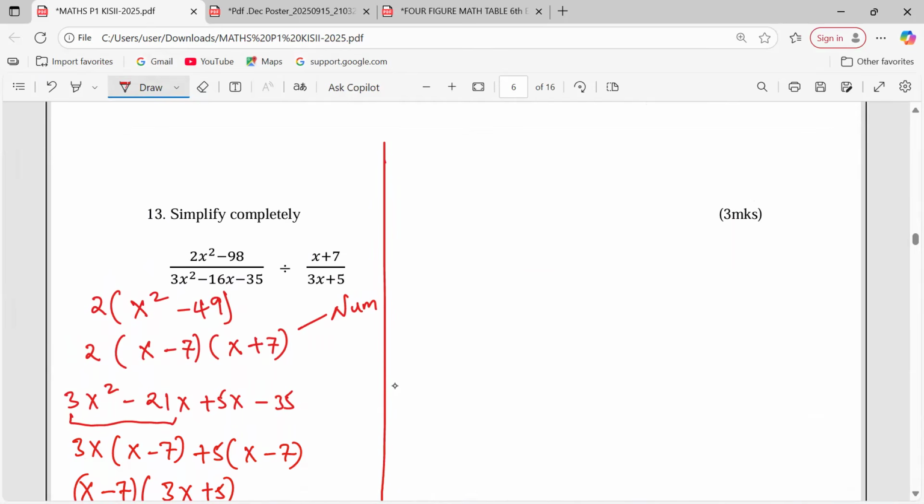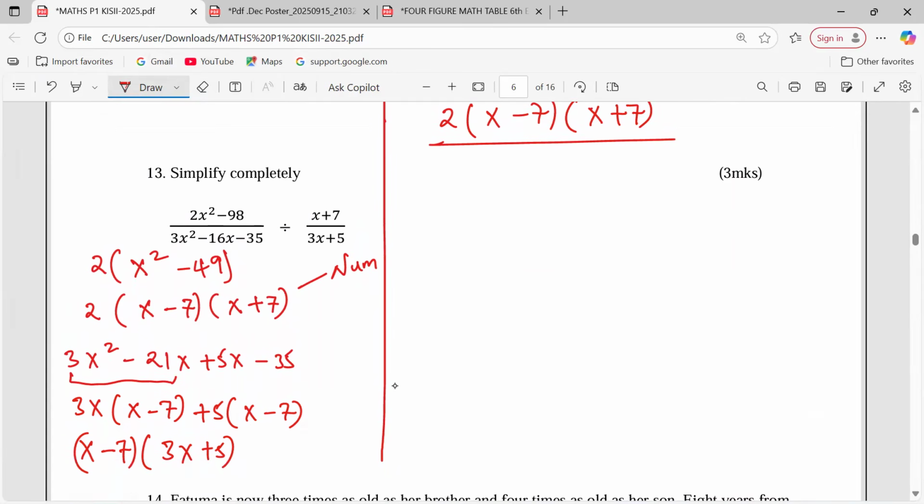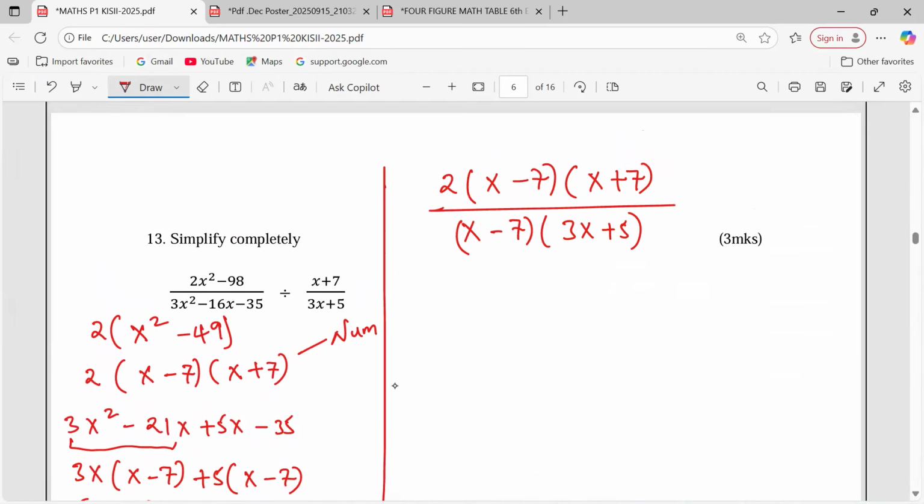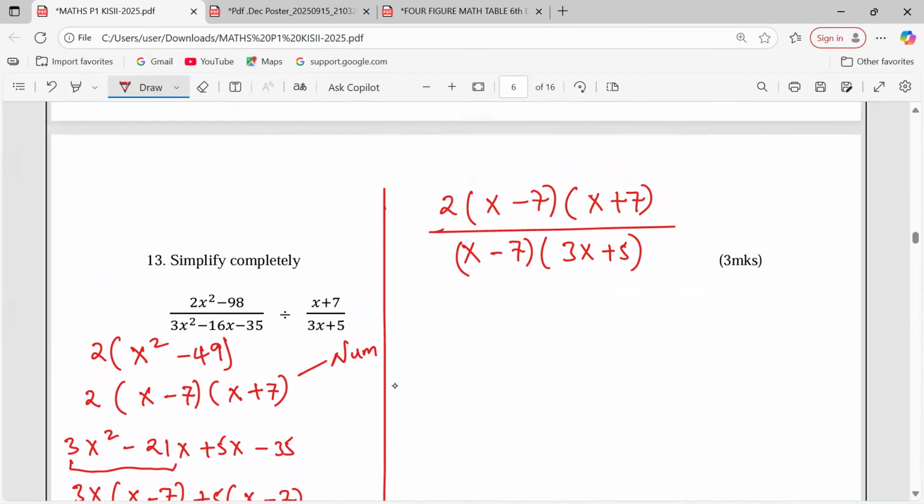Remember, the numerator simplified to give us 2x minus 7. Then now we are having x plus 7 like that. This now is divided by, from the denominator, we have x minus 7, then 3x plus 5, meaning that the common factors can cancel out.